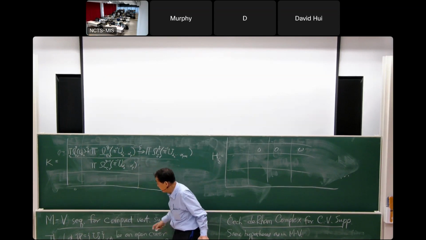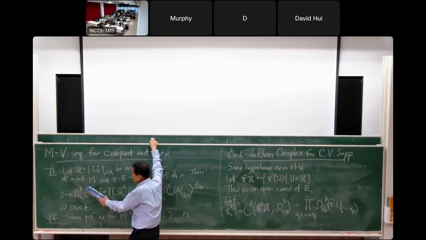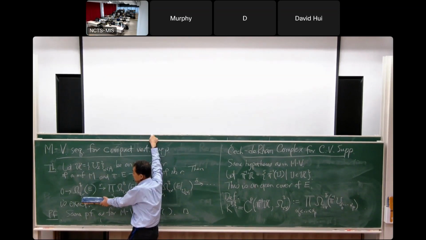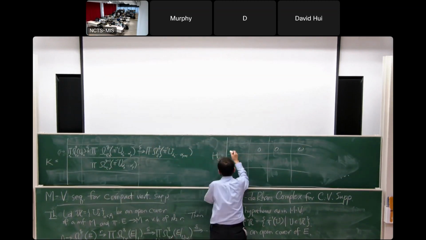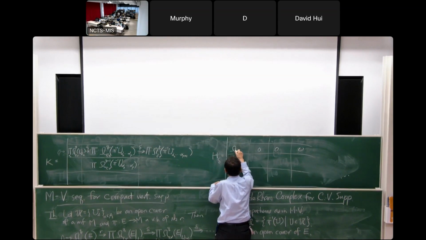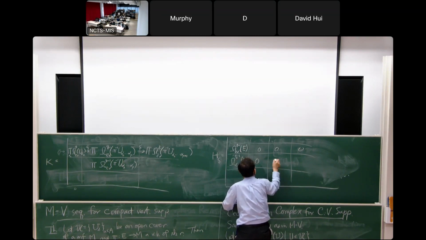The kernel of the first δ, according to the Mayer-Vietoris sequence for compact support, is Ω^q with compact support of E. It's the global form. So when you take H_δ, this is what you get.